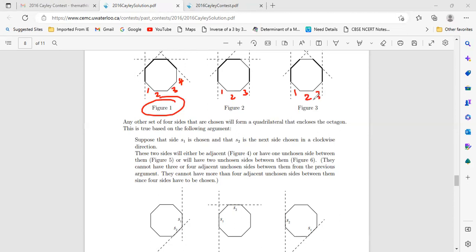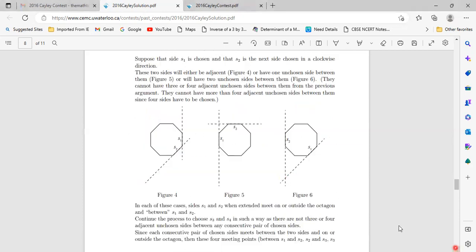And with three unchosen sides, they're not getting the results, right? So they're trying, what if the two chosen sides are adjacent, or have only one unchosen side between them, or two unchosen sides in between. Can you follow this? So you are creating these three categories.